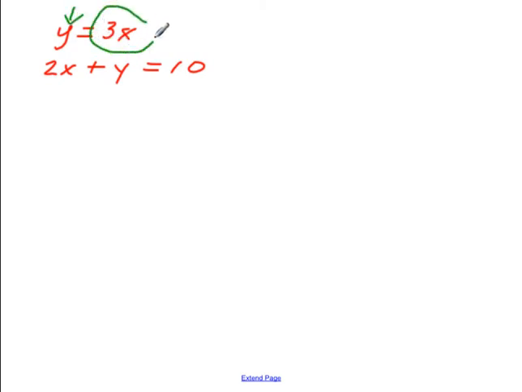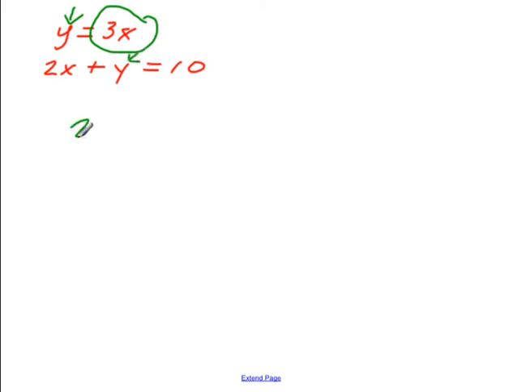Okay, let's take a look at the first example here. y equals 3x and 2x plus y equals 10. And right away we can see that we already have one of the variables solved for. Here we have y equals, so we're going to take this value, 3x, and we're going to substitute it in for y.